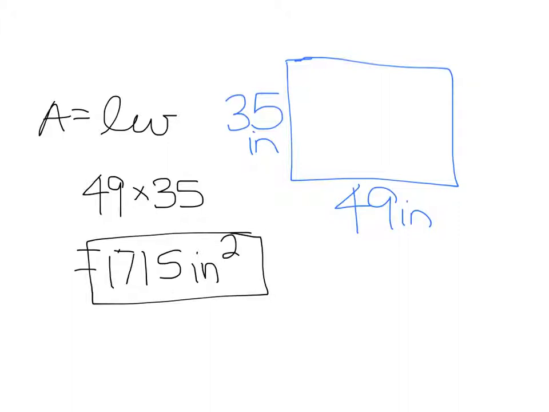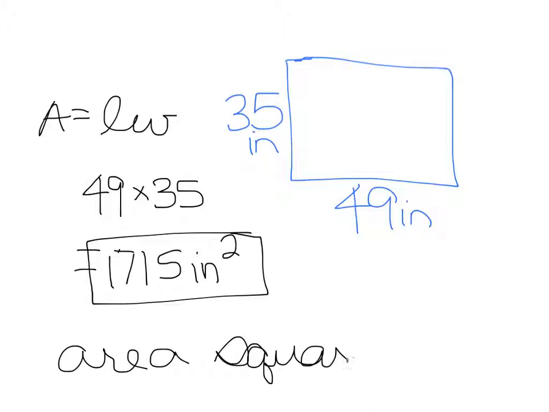So perimeter is just the straight inches, but in area, you always square the units. So you just put a little 2 above the units for area.